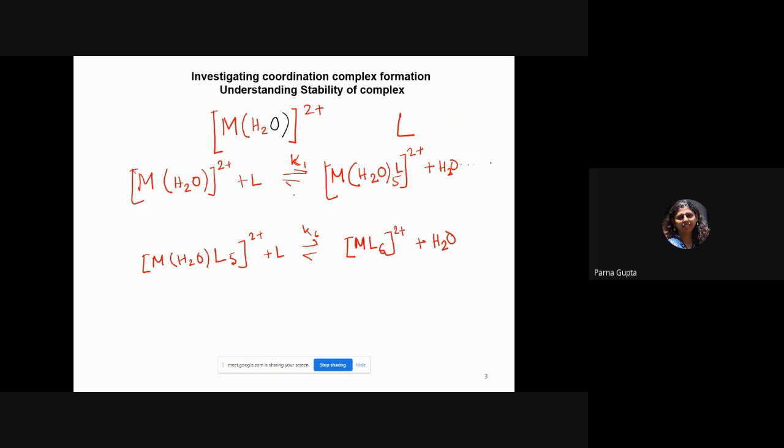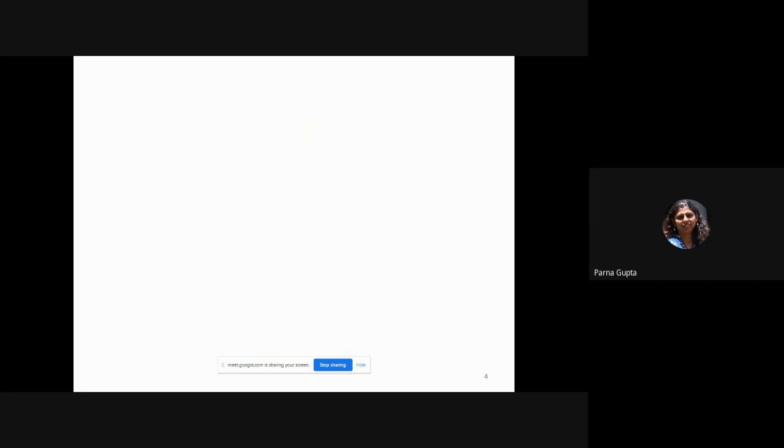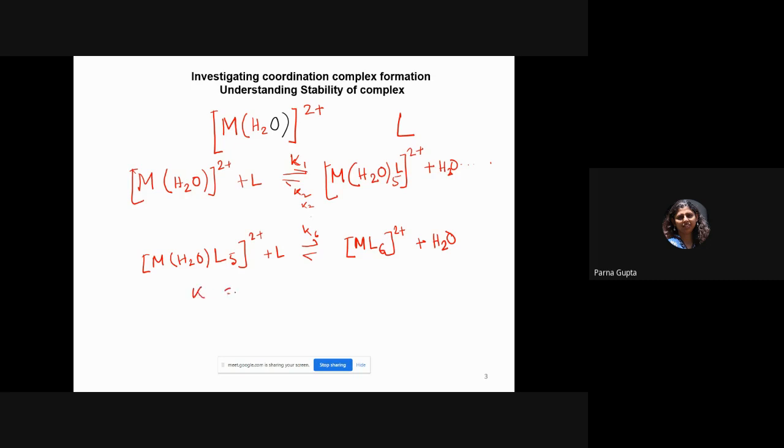I am not writing all the steps, K2, K3, and so on. These K values are called the stepwise stability constants. And this beta is taken as the overall stability constant.